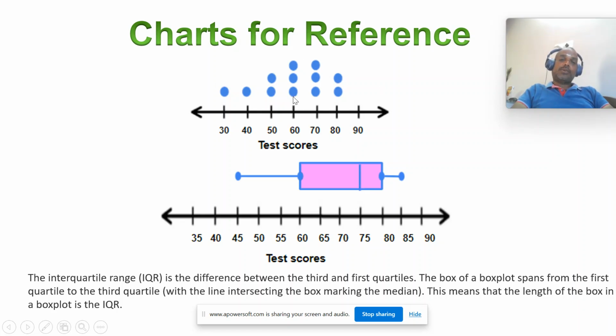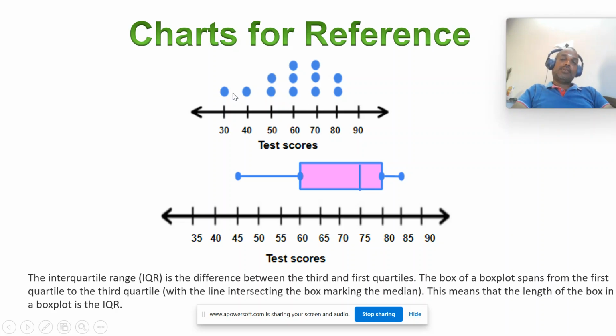When you see these scores, you can't interpret much from this dot chart, but you can interpret the number of students. There are 12 students in the bucket. There are 3 students who scored 60 marks. You can find that, but you can't get the class average of the 12 students. But if you go with the box plot, you will get the middle value, the median.